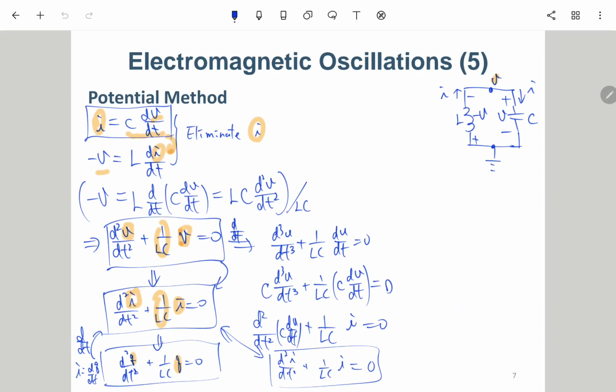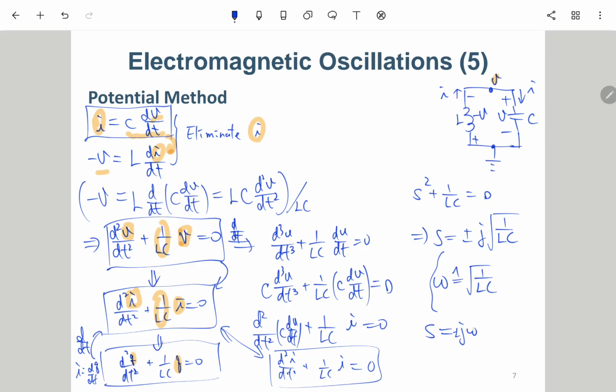So similarly for this one, we can also write it as s squared plus 1 over LC equals 0. So s will be plus or minus j times the square root of 1 over LC. So here the oscillation frequency will be 1 over LC, and in that case, s will become plus or minus j omega.